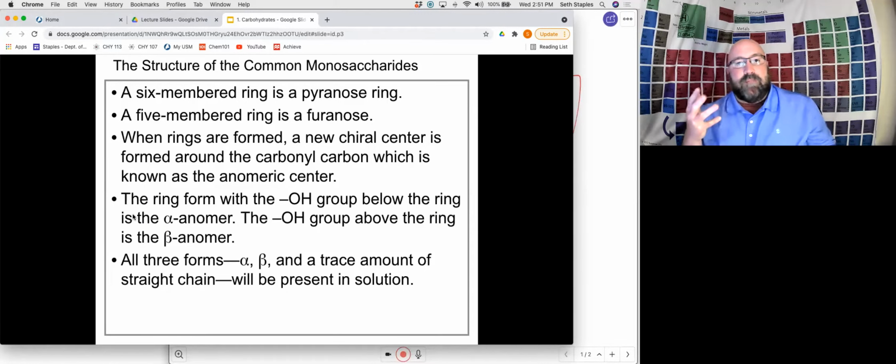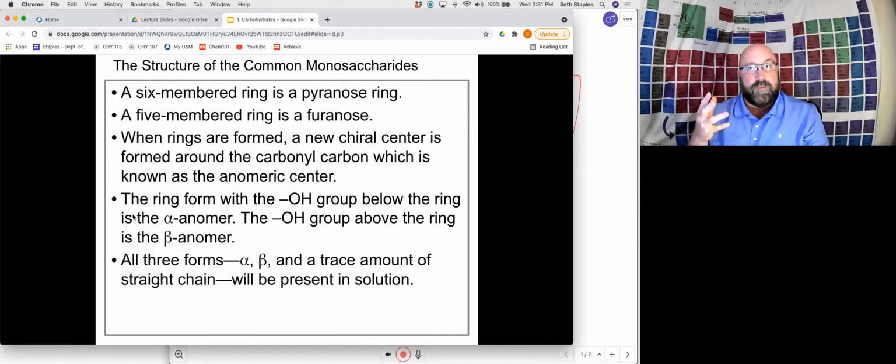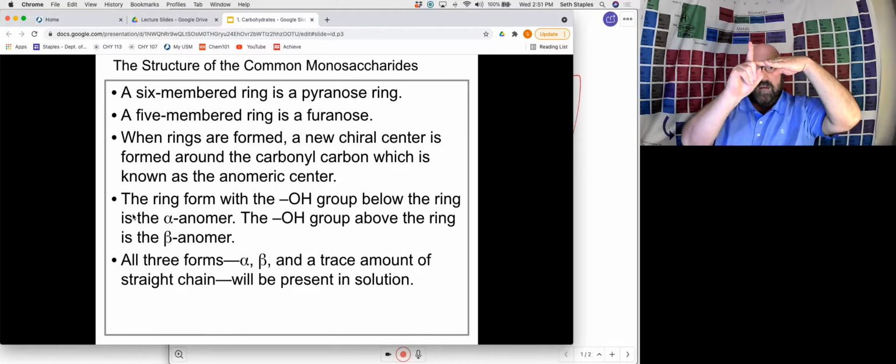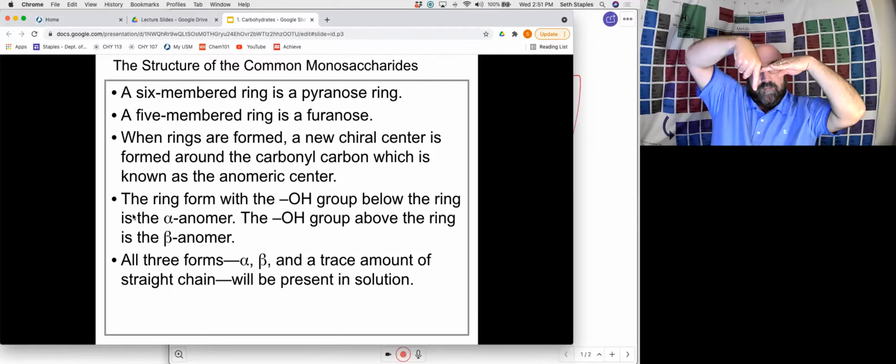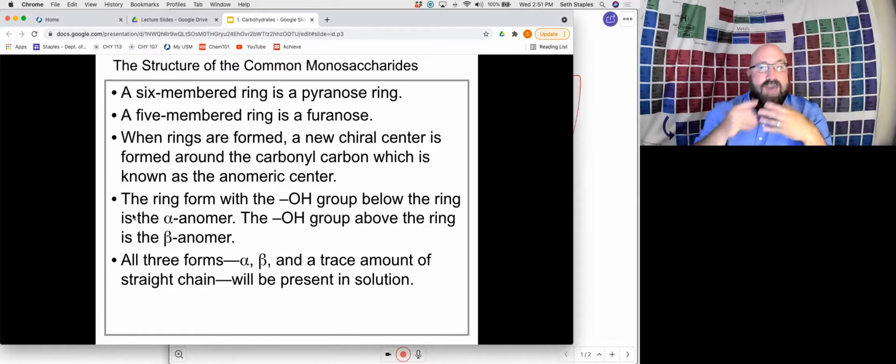Then what's going to happen is that the oxygen that was part of the carbonyl becomes an OH group. If we think of the ring as being the plane of my hand, that OH group might be above the ring or it might be hanging below the ring. And believe it or not, that matters. And so that ends up getting different terminology as well.